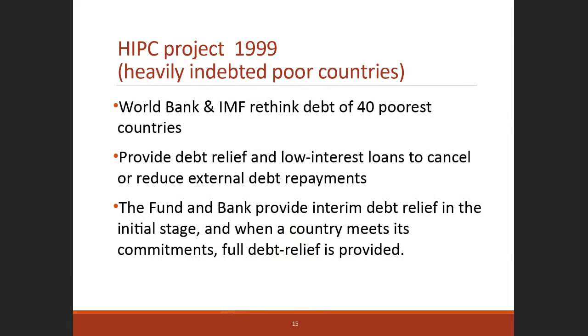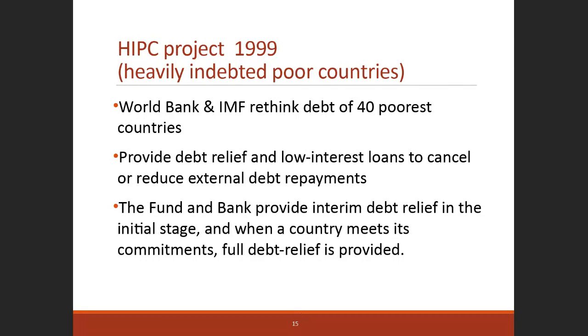So the World Bank and the IMF rethought the debt of especially the 40 poorest countries, and they launched this new project in 2000 or late 1999 called the Heavily Indebted Poor Countries Initiative, or HIPC project.